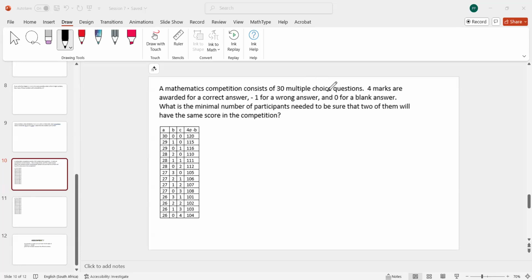So you got 30 questions, and some of them you got correct, some are wrong, and some are blanks. But whatever the case may be, altogether you have 30 questions. The question is, what is the minimal number of participants needed to be sure that 2 of them will have the same score in the competition? Now, that's a rather hard question.